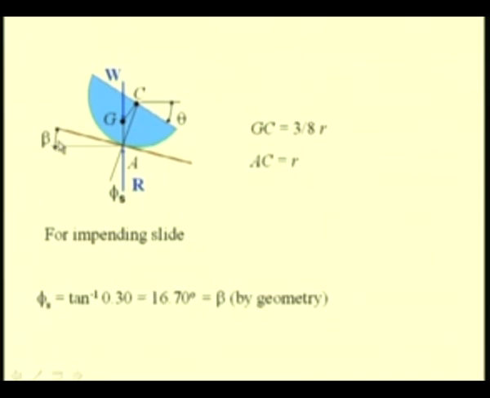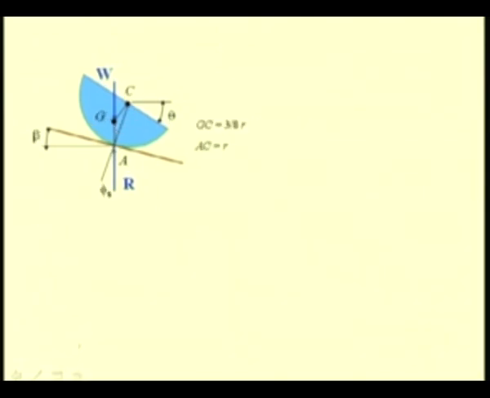Now, we have to find for this geometry what is this angle theta. To find that, let us consider this triangle AGC. So, this picture shows the point of contact, the CG, the center of the hemisphere, and the various angles that are involved.